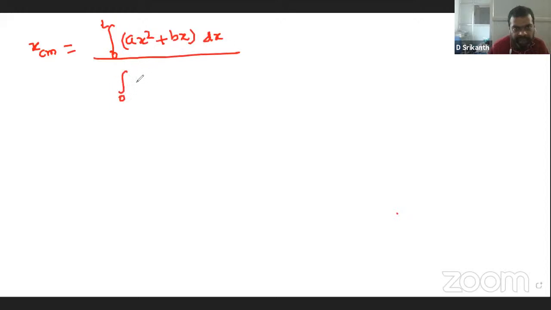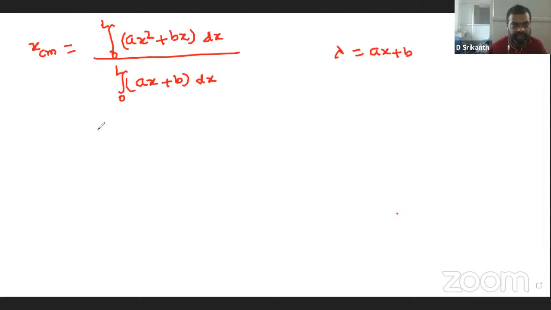So xcm, we are having that integral 0 to L ax square plus bx whole into dx divided by integral 0 to L ax plus b whole into dx. They gave that lambda equal to ax plus b.